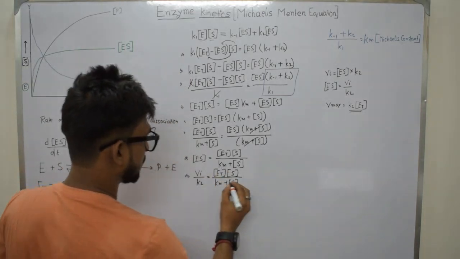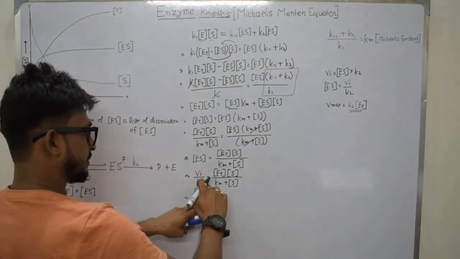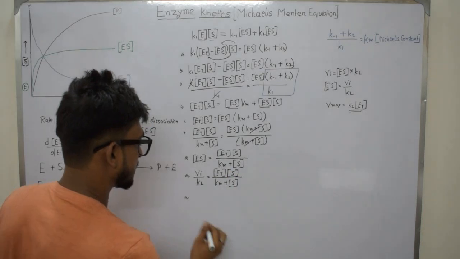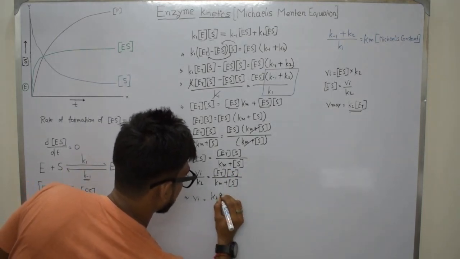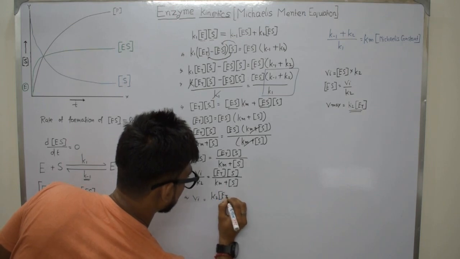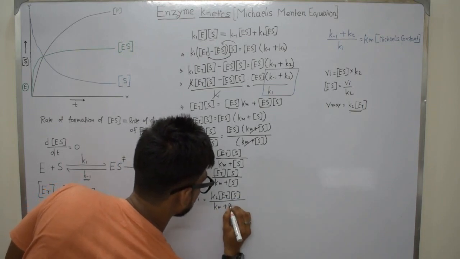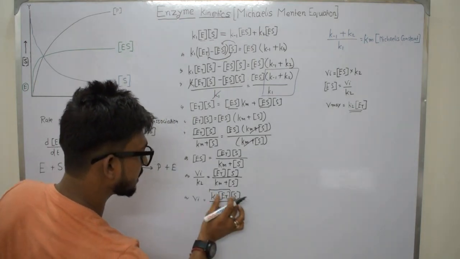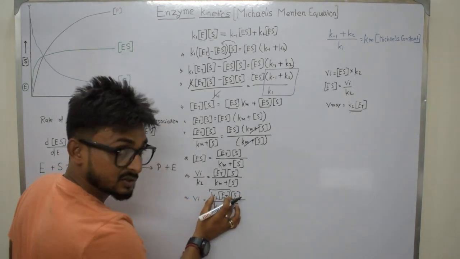Yeah. So if we bring this K2 with this particular equation, then the equation will be now here. If we look at that particular equation, then it is similar to the Vmax. Okay, so we can put the Vmax over here.